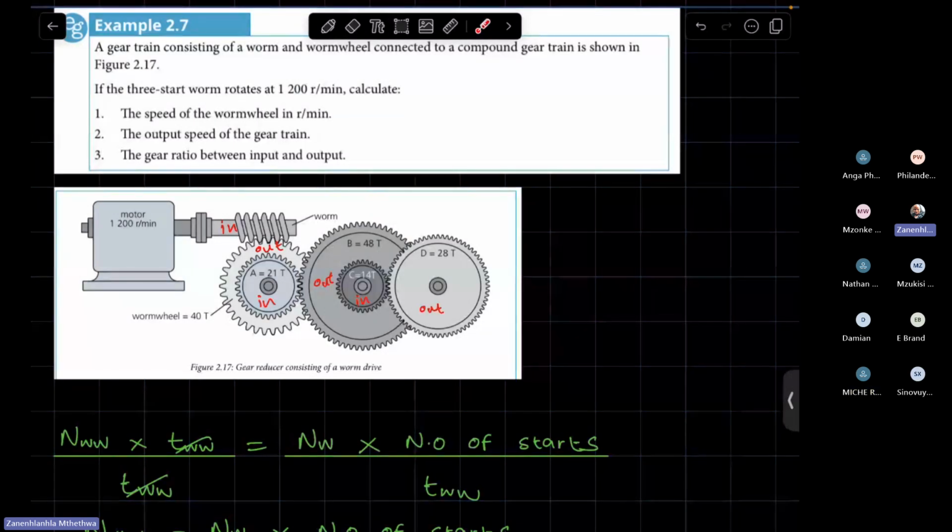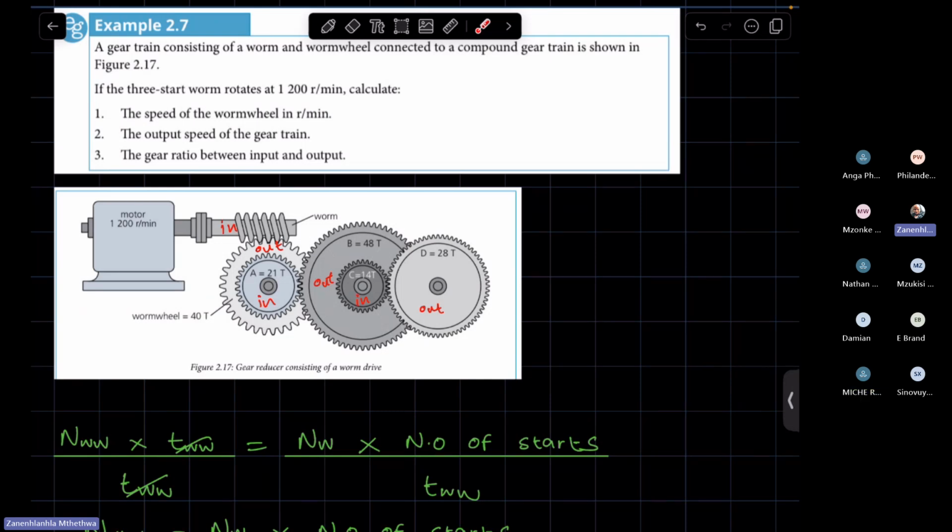So a 3-start is essentially the number of teeth on the worm that engages with the worm wheel. Yeah, so if it's 2, it means only 2 engage with the worm wheel. If it's 1, it means only 1 engages with the worm wheel.